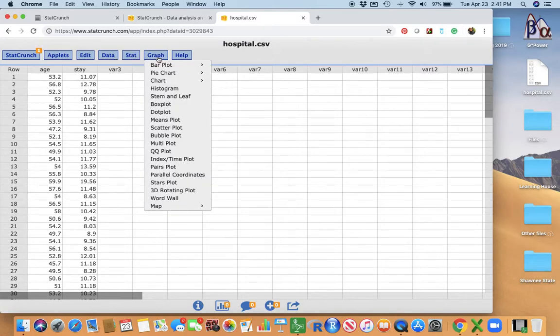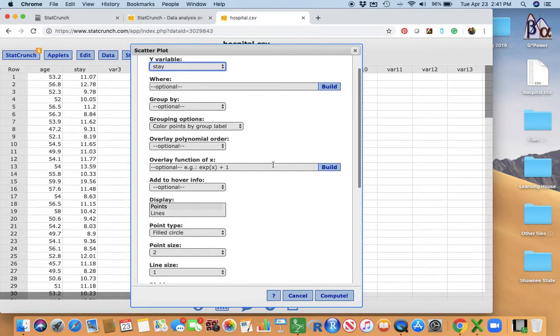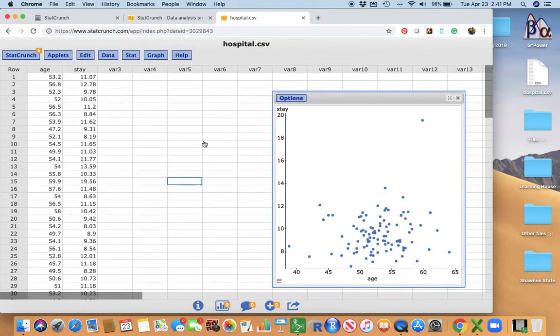To do that, I want to go to a graph, and I want to create a scatter plot. And I want my X to be the age and the Y to be the stay. Now, I don't really need any grouping or anything fancy here. I can just hit compute. And guys, I just don't see much. I don't see a linear trend.